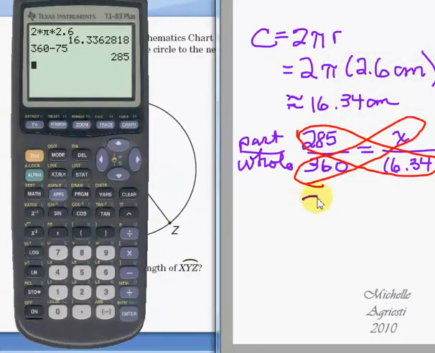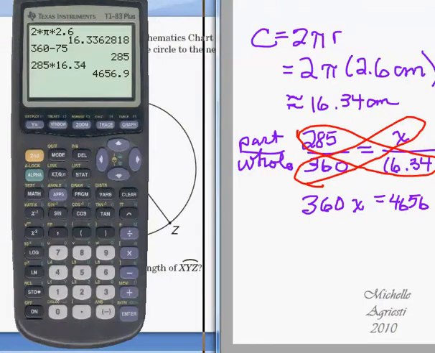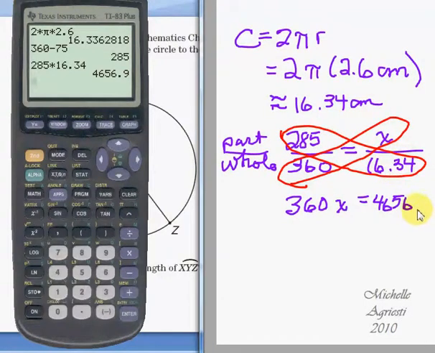So we get 360x equals, and let's use the calculator, 285 times 16.34, 4,656.9.